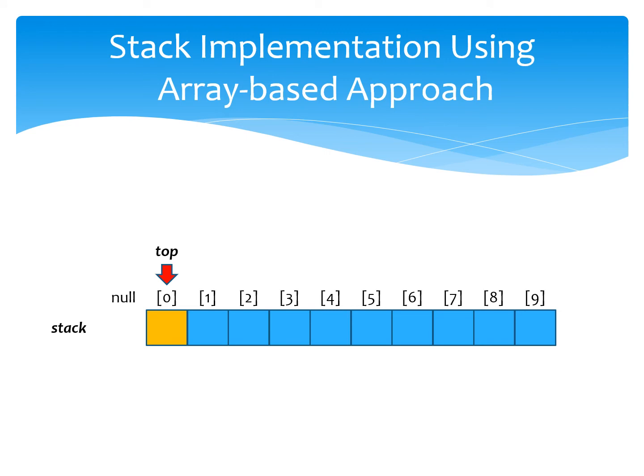When another object is pushed into the stack, we increase the top variable by 1 and assign the object to the element pointed by the top variable again. When an object is popped out of the stack, we retrieve the element pointed by the top variable and then decrease the top variable by 1.